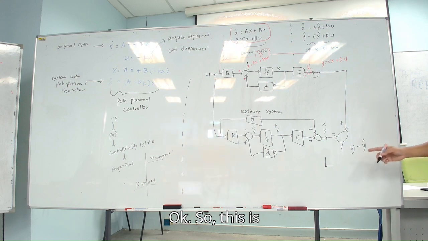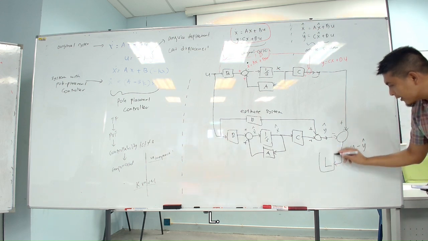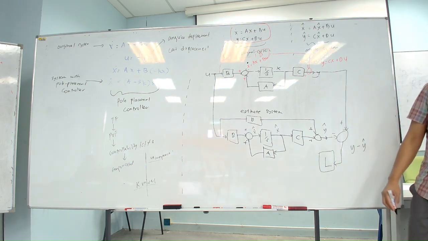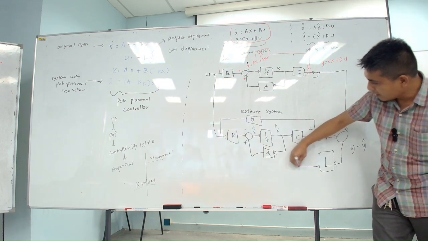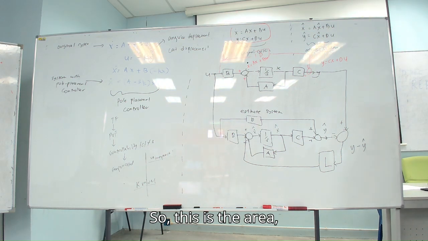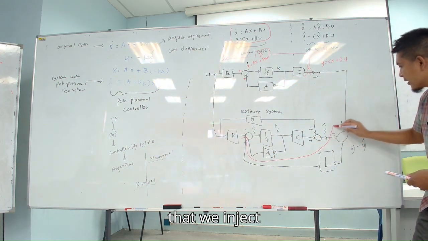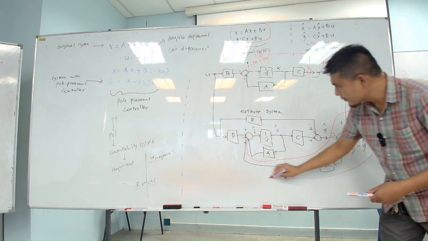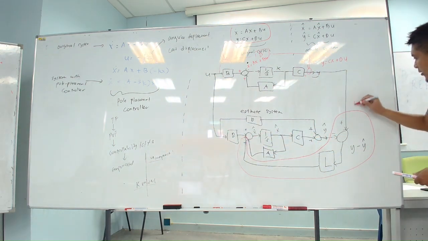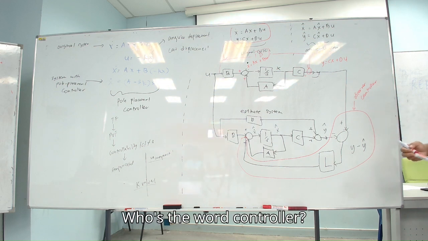Okay, so this is where we inject L. And then we go back to the x dot estimation. So this is the area that we inject the observer controller.